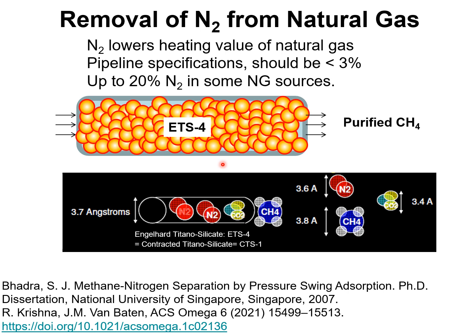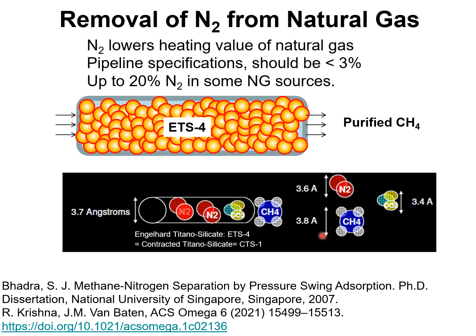In order to overcome this problem, the adsorbents that are chosen for nitrogen removal for natural gas rely on the principle of size exclusion. For example, in ETS4, the pore sizes are adjusted to be about 3.7 angstrom, effectively rejecting methane from the pores, because the average diameter of a methane molecule is 3.8 angstrom.